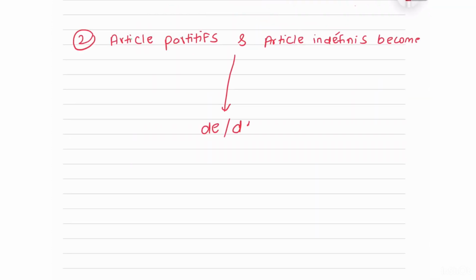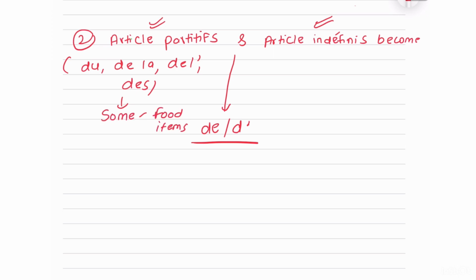Our second rule says article partitif and article indéfini become DE or d' in the negative. Now what does that mean? First, you need to know what these two terms mean. In case you're not clear on that, you can watch my video on it and then come back to this. Article partitif is the words du, de la, de l' and des, and they all mean "some" and are used before food items.